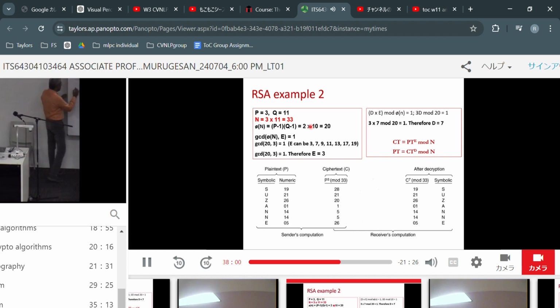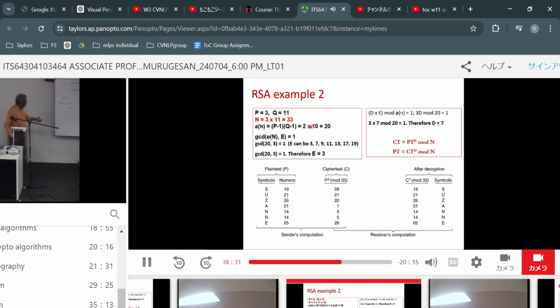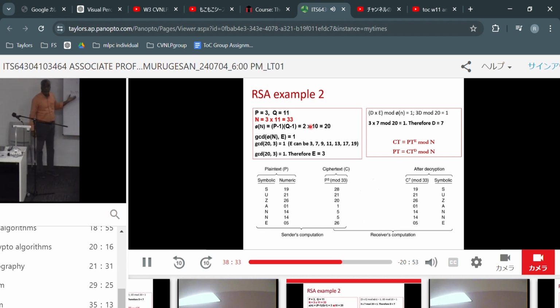You have learned n is nothing but p times q. Even if I don't tell you what p and q are, I tell you n, you can find out that p and q should be 3 and 11, or 11 and 3. You can figure it out easily if I tell you n is 33, because n is very small.